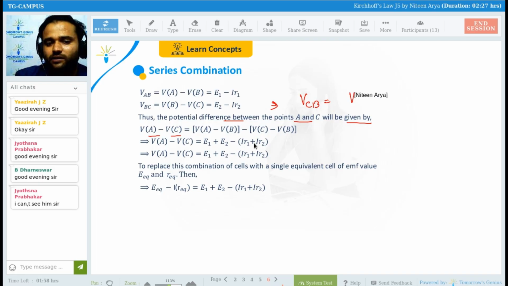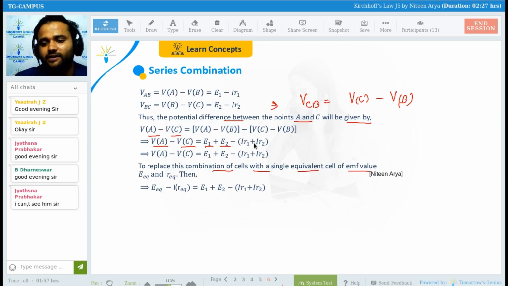VCB, which is VC minus VB. Then, putting in the values, VA minus VC is E1 plus E2 minus I times R1 plus R2. To replace this combination of cells with a single equivalent cell of EMF value E equivalent, E equivalent is E1 plus E2 simply, and R equivalent is R1 plus R2. So that is a simple thing again.